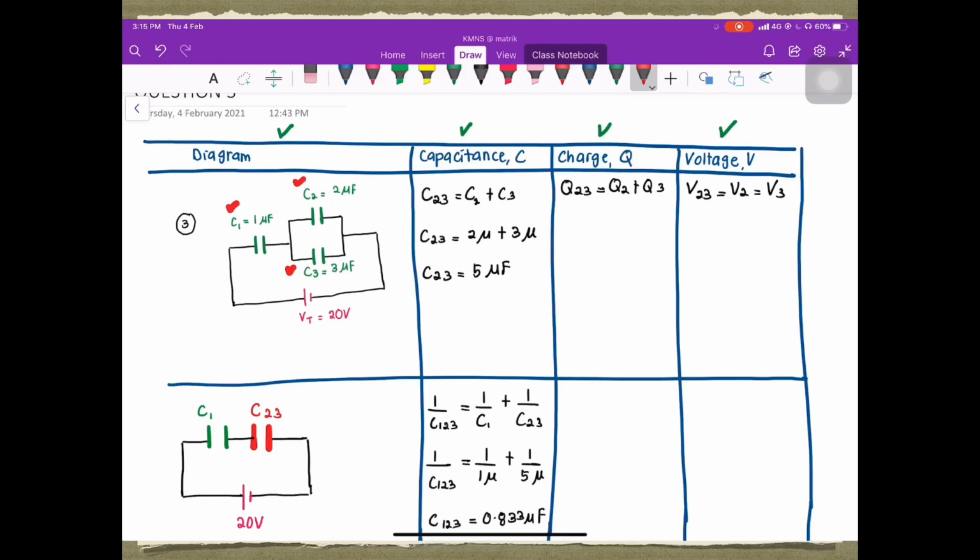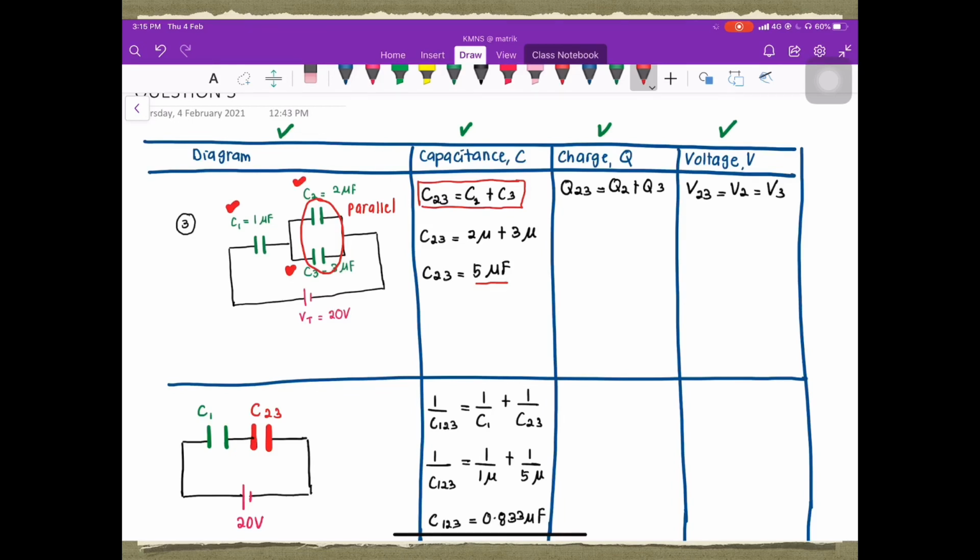The capacitors in this part are the complicated combination, so we need to solve it first as a parallel. So how do we calculate the parallel combination of 2 and 3? Using this equation, we will get 5 microfarad.